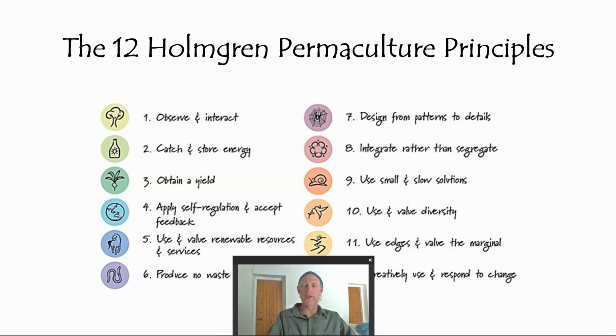All right, so when designing, it's critical that all 12 principles are applied, because if you do not do that, you're going to have a leak, an energy leak in your system, and it's not going to self-regulate properly. All right, and so if you apply all 12 principles correctly using the design process, you will reach the holy grail of permaculture, which is self-regulation.